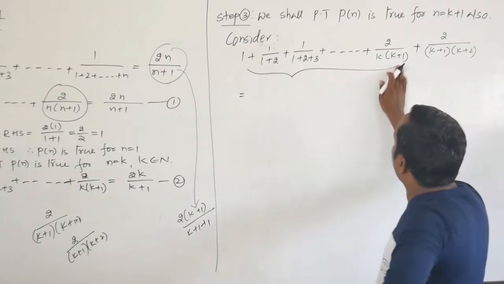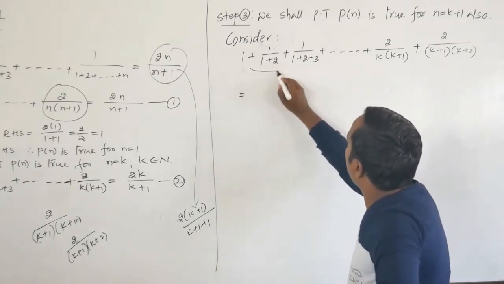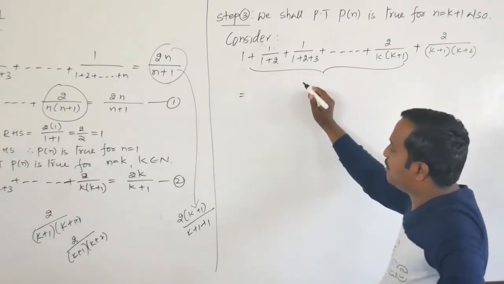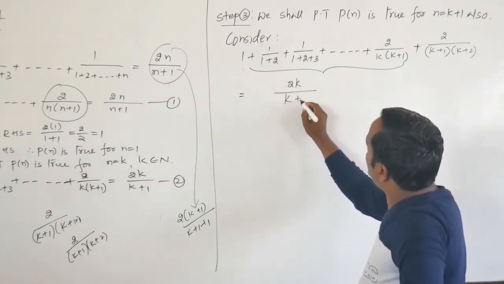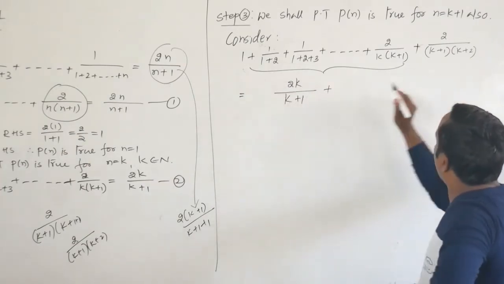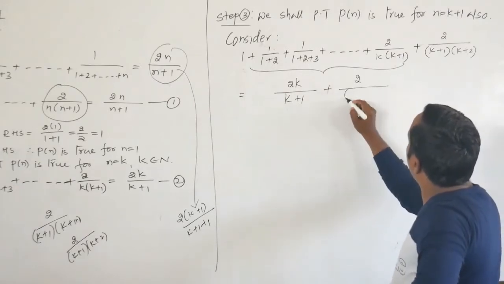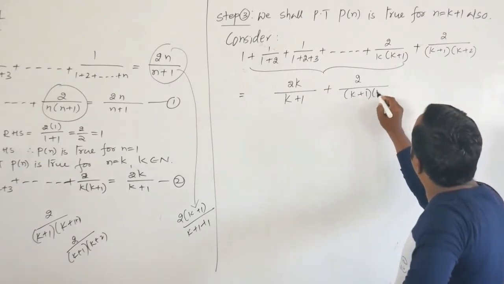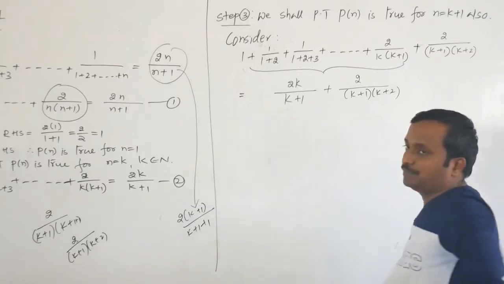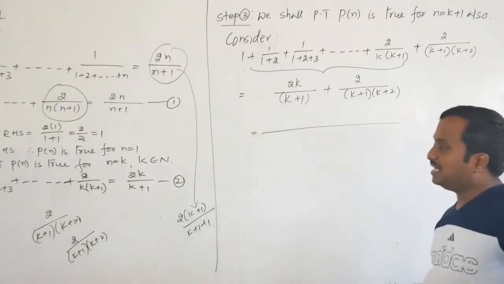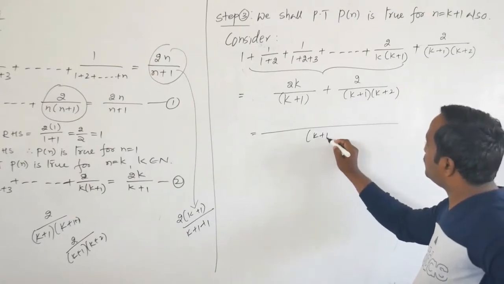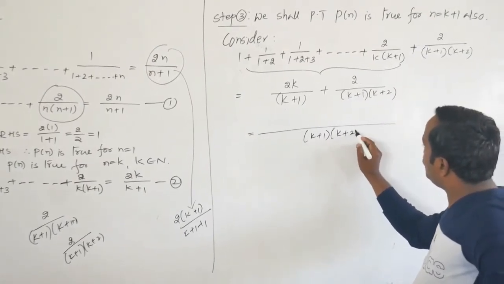The left side is nothing but 2k by k plus 1 plus 2 by k plus 1 into k plus 2. Now we have to take the LCM, which is k plus 1 into k plus 2.